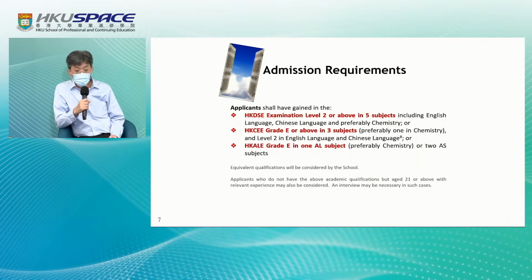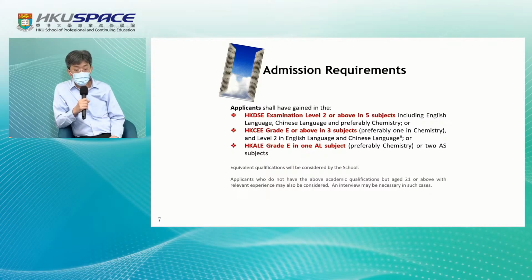The basic entry requirement for this program is a Hong Kong DSE with level 2 or above in 5 subjects, or Hong Kong CE with grade 3 or above in 3 subjects, including English and Chinese language at level 2.